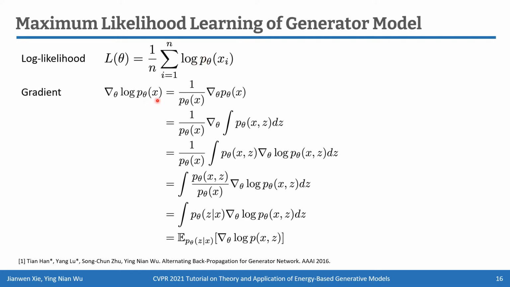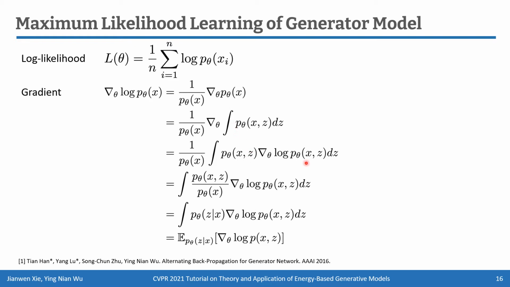And then for each generic x, the derivative of log p theta x, this marginal density, will be just 1 over this p theta x according to the chain rule, and then multiplied by the derivative of this marginal density, which is the integral of the joint density, where we integrate out the latent z. And then we can move this derivative inside.